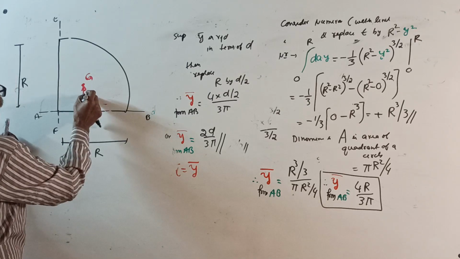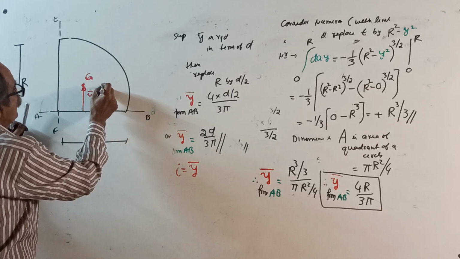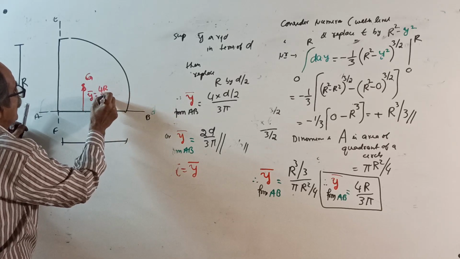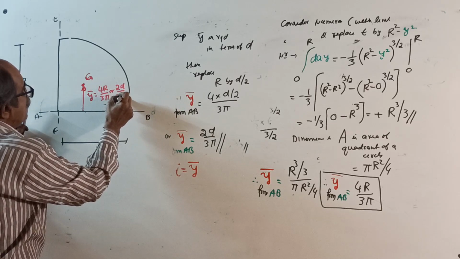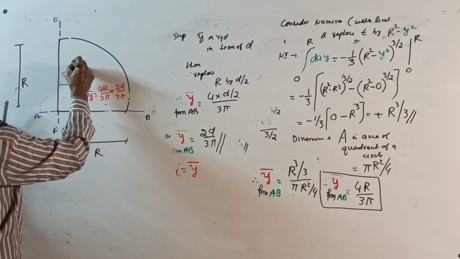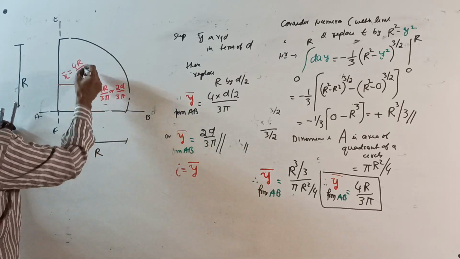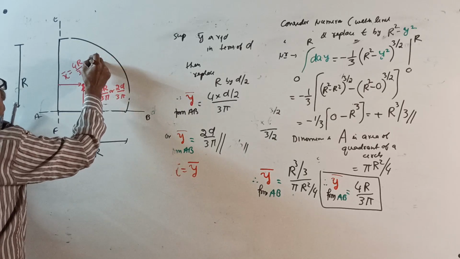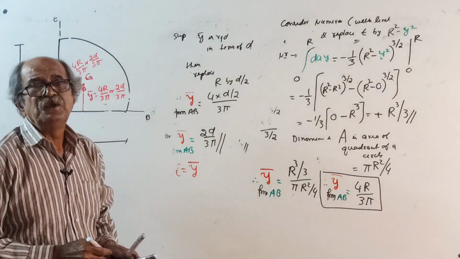So y bar equals, in terms of radius, 4r by 3 pi, or in terms of diameter, 2d by 3 pi. In the same way, this is your x bar. This is also equal to 4r by 3 pi in terms of radius, or 2d by 3 pi in terms of diameter. That's all. Approach 1 is over.